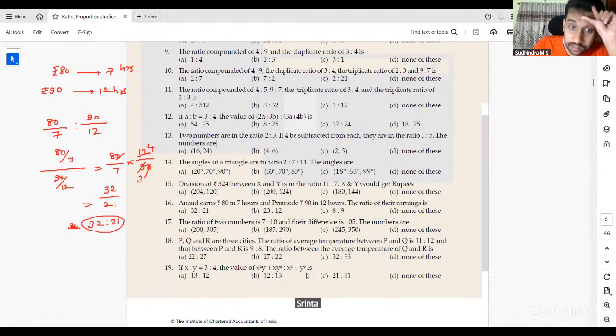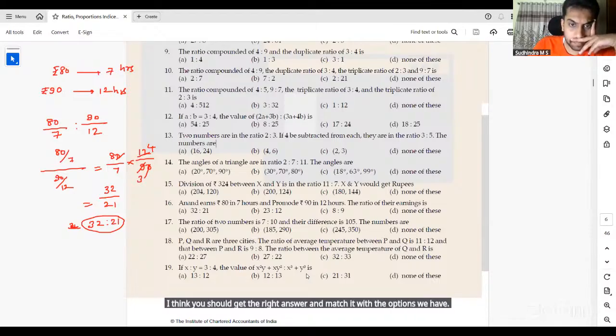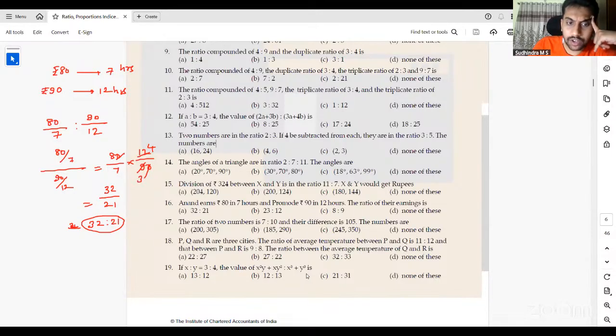Srinitya, simplify that. I think you should get the right answer and match it with the options we have. Naveen, you have to recheck. Annapurna Nayak, correct. Jeevan Reddy, correct. Sahana R, correct. Indira, you have to recheck. Rachana, correct. Mayur Hegde, correct. No, Pavan, you have to recheck. Bhargavi, incorrect. Pujashri, you have to recheck.